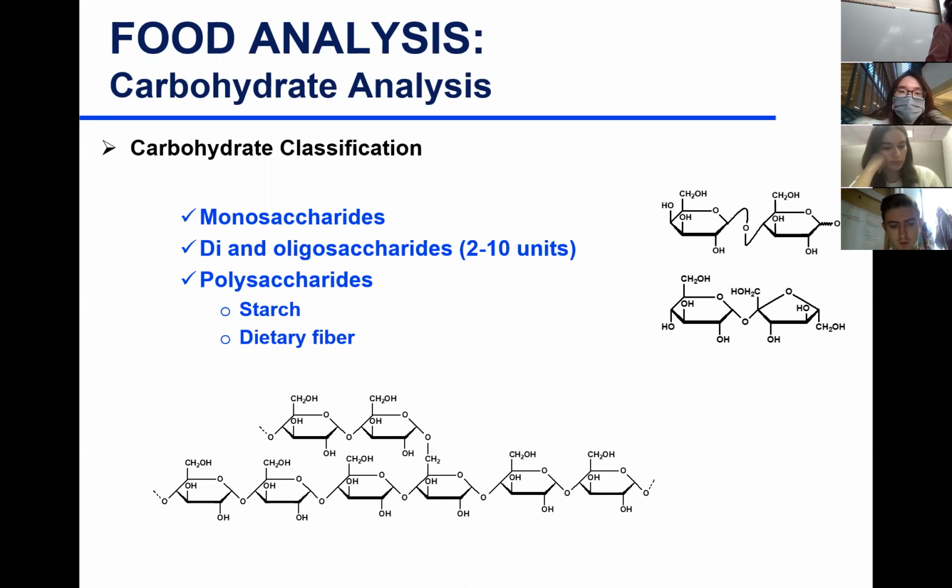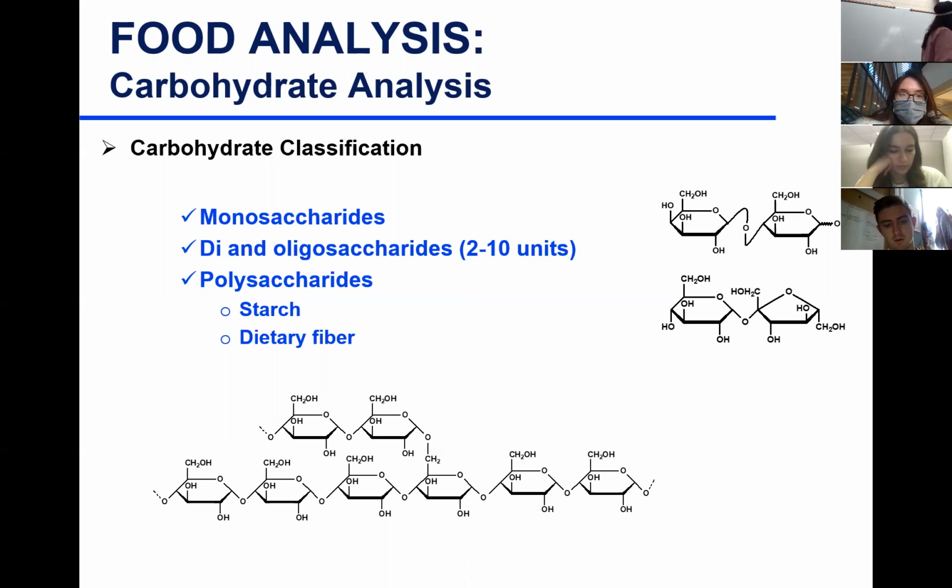So we break them down into their singular units, into their monosaccharides, and try to determine what they are, and then figure out what type of dietary fiber we have in our samples. So monosaccharide analysis is important to characterize the different components, as well as determining how much we have of monosaccharides in our sample.